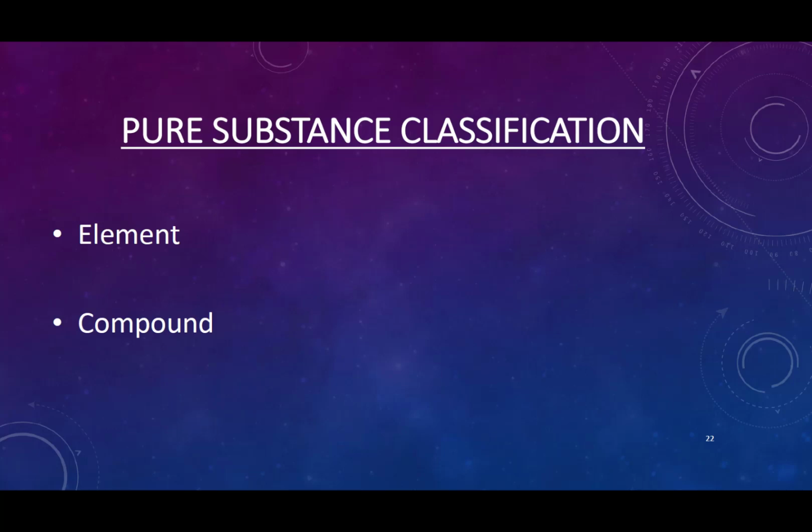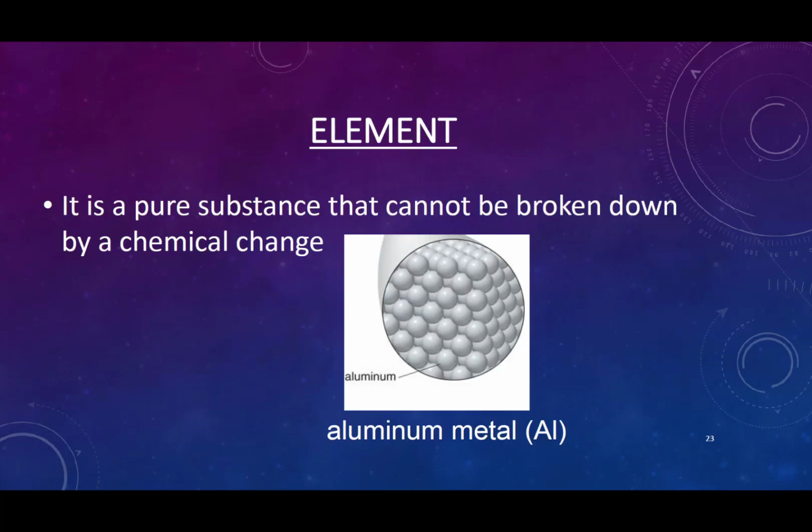All right, now let's talk about pure substances. Pure substances are classified into elements and compounds. What are elements? An element is a pure substance that cannot be broken down by any chemical change.